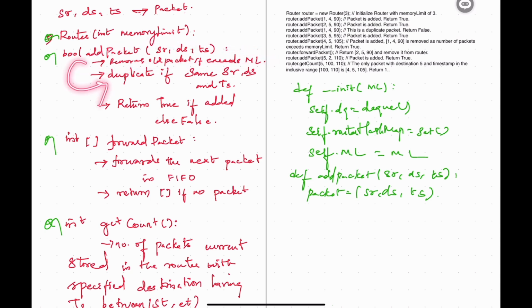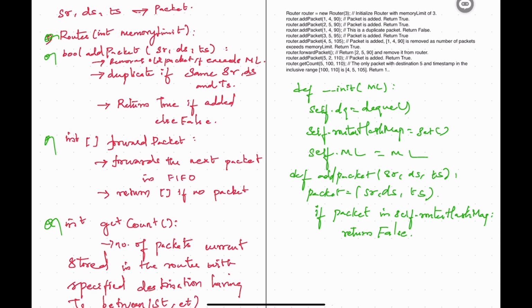Before that, we will check whether it is a duplicate. Only if it's not a duplicate are we going to insert. So we check if the packet is in self.router_hash_map, and then we can straight away return false because it's not going to get inserted.